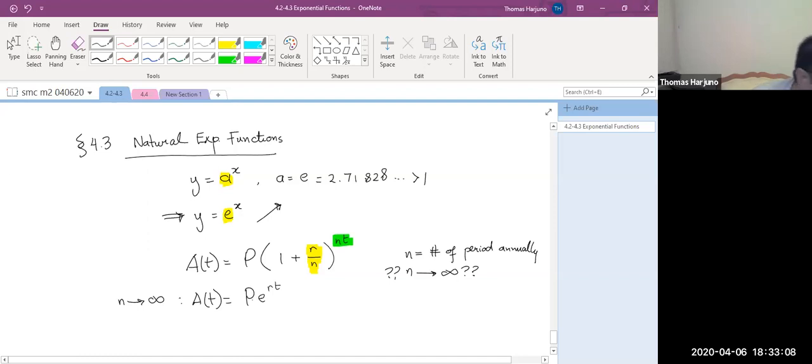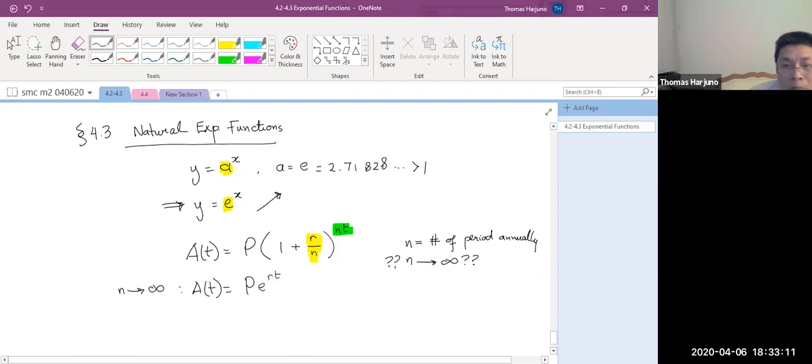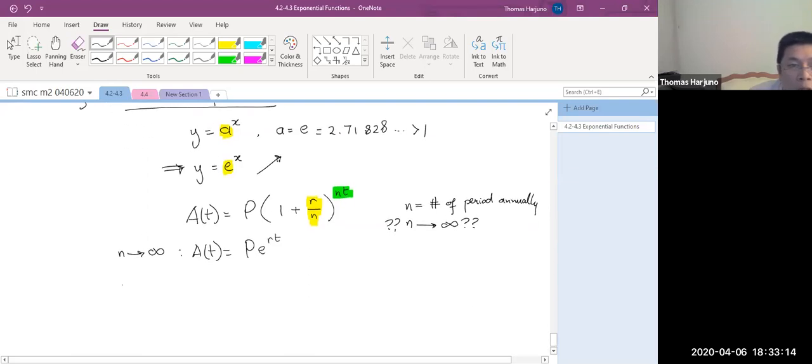Okay, so let's say I use the same example as earlier. Let's say the initial amount is 20,000. The interest rate is 1.2%, which is 0.012. Now, suppose we compound this continuously, then what is the amount of money after 4 years? It will be 20,000 times e to the 0.012 times 4.